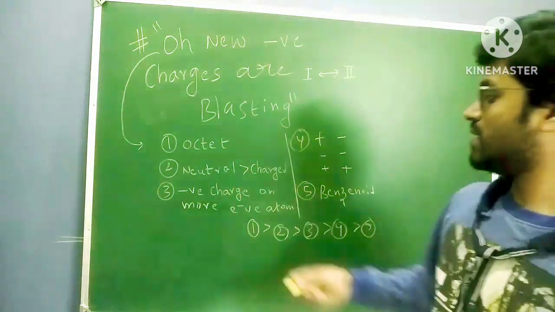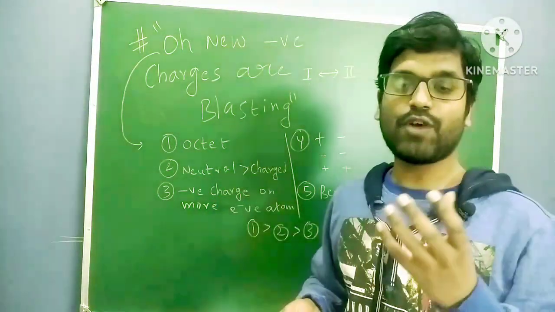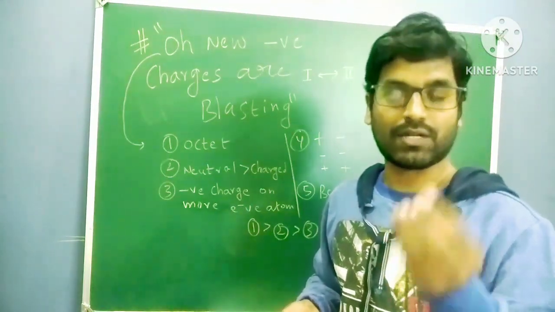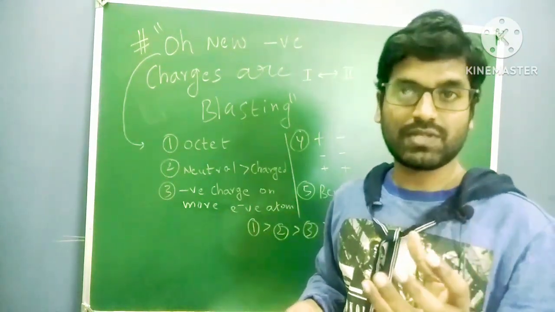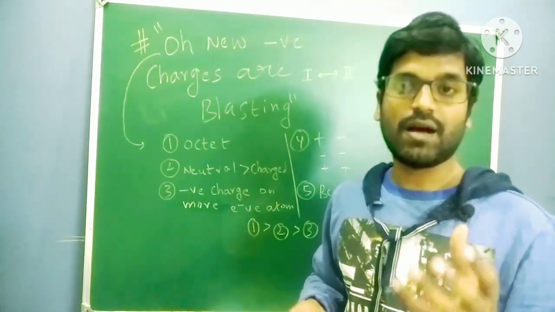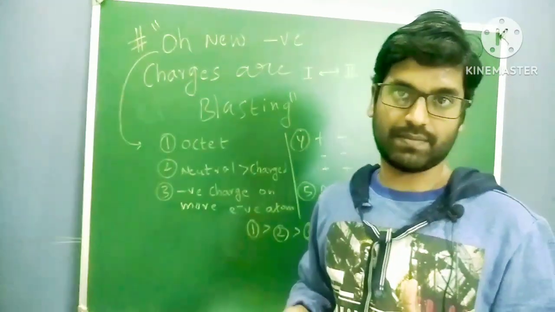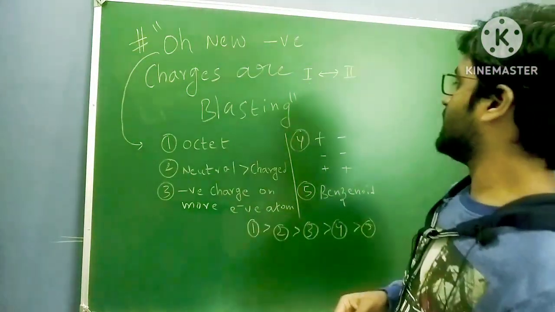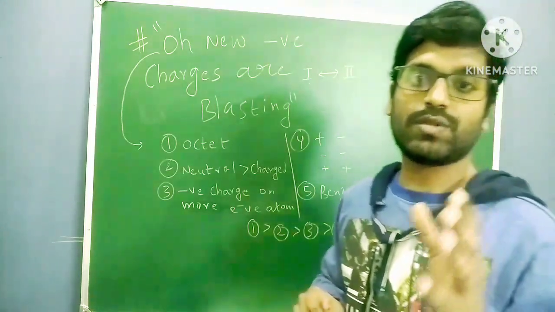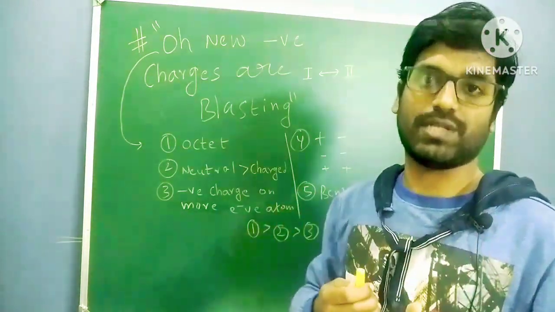Next, third one, negative charge atom. If you have a negative charge, the negative charge is more stable on a more electronegative atom. Positive charge is more stable on an electropositive atom, or on a less electronegative atom. This is the third one. Fourth one, if you have plus and minus, opposite charges are attracted to each other, so they have to be very close to each other.